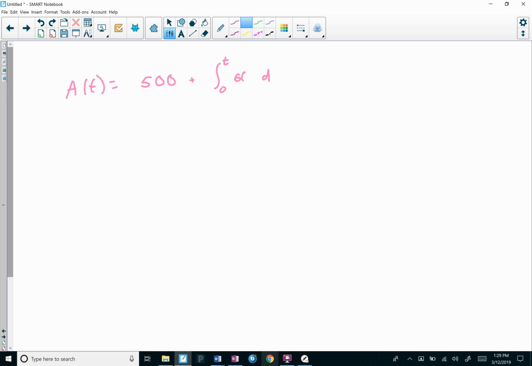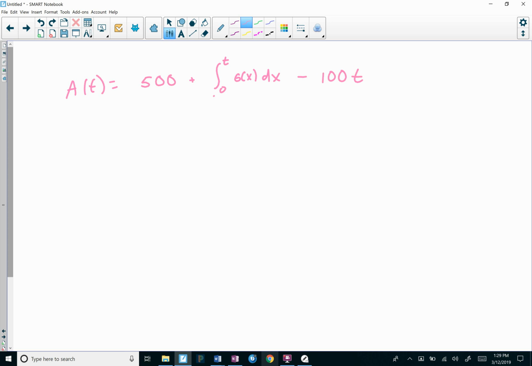So don't use the same variable, so I'll just use X. Use any other variable in the expression. So that's the amount which is arriving, but you're processing it at 100 per hour. So that's 100 times T.